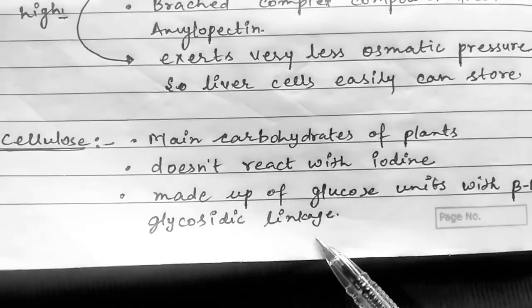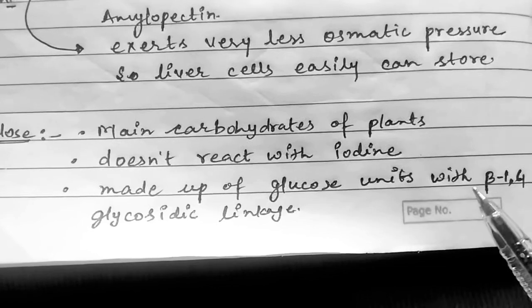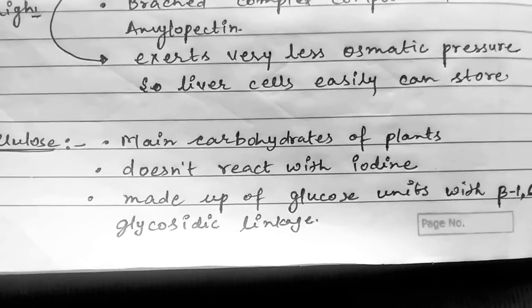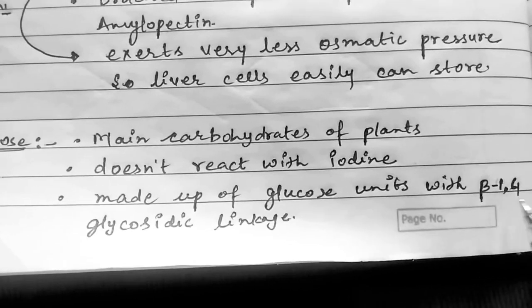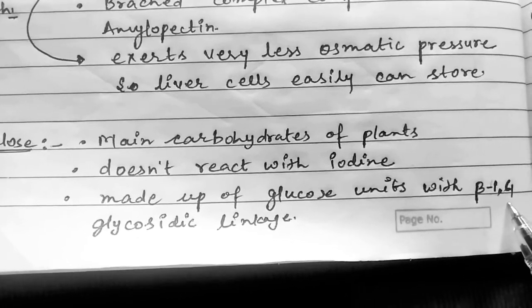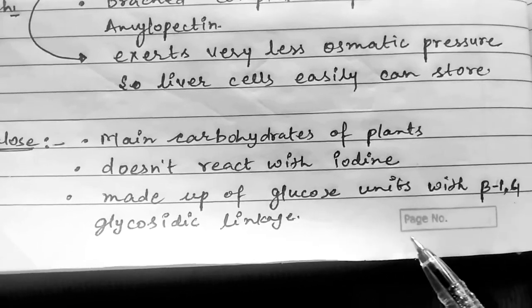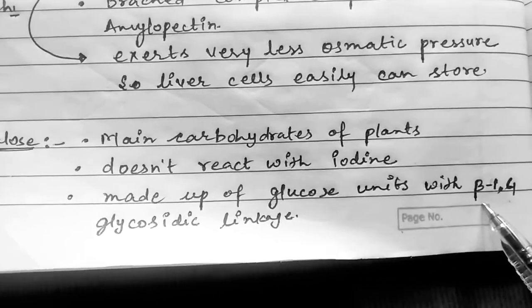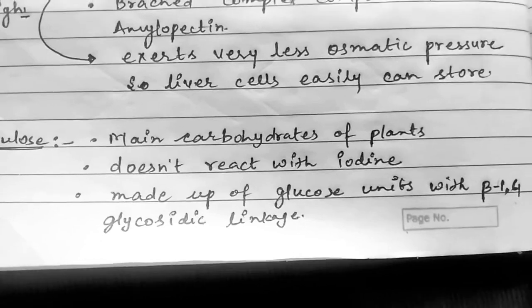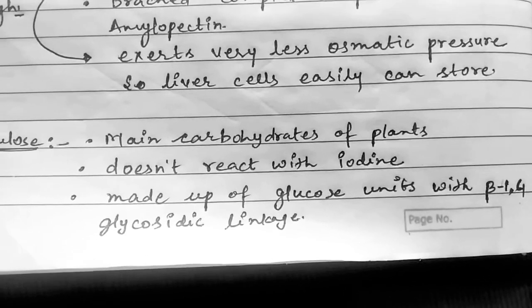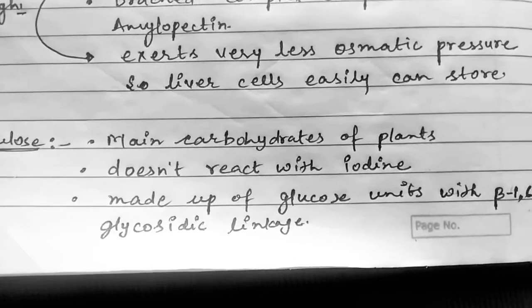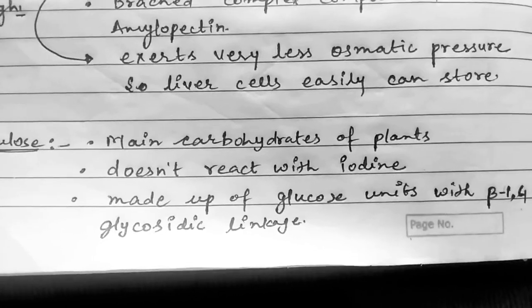This polysaccharide has only beta 1,4 glycosidic linkage. What does 1,4 glycosidic linkage mean, student? It is unbranched. And beta means it is a completely different type of glucose compared to glycogen and starch, because glycogen and starch have the alpha type of glucose.